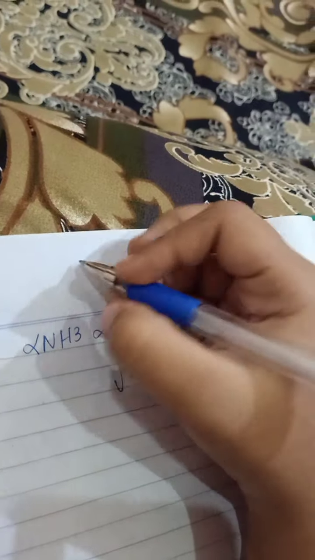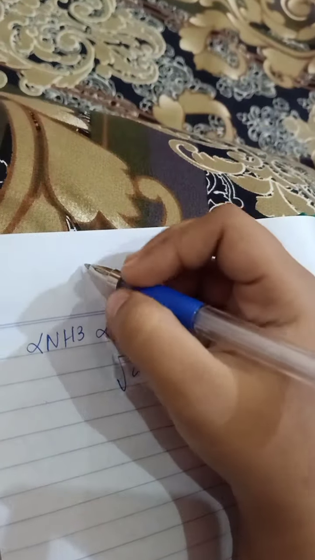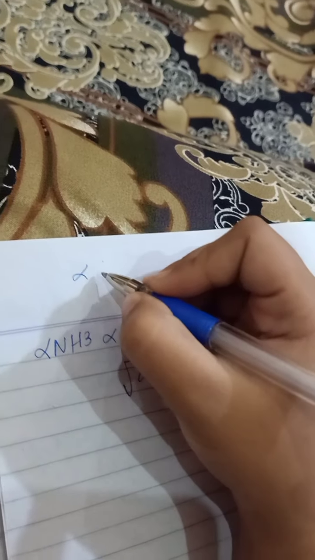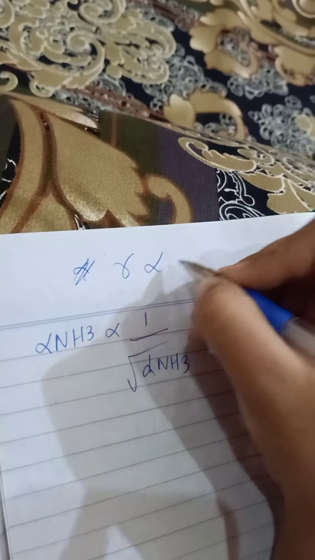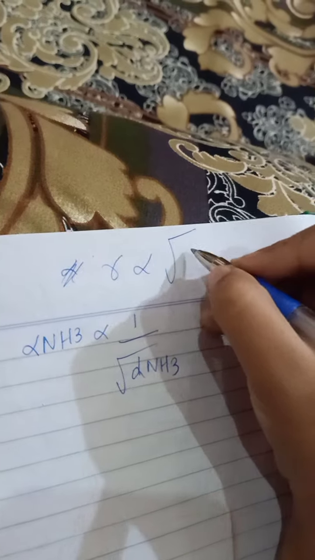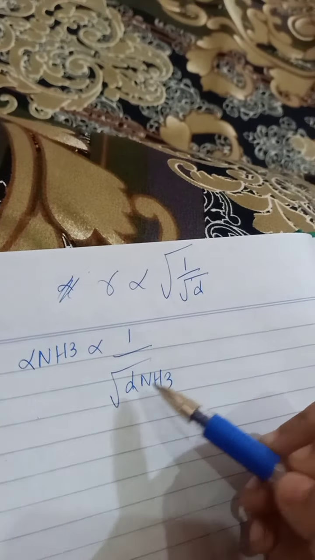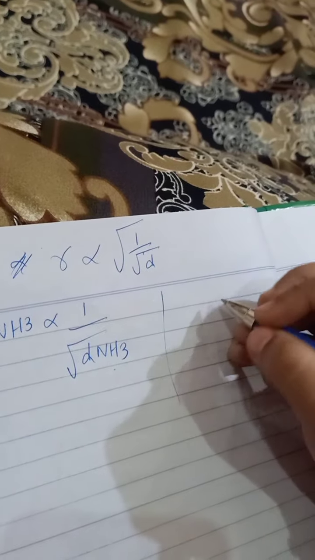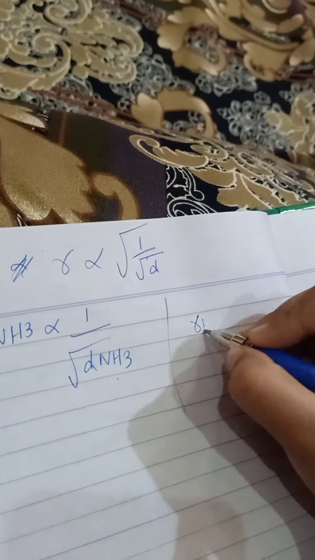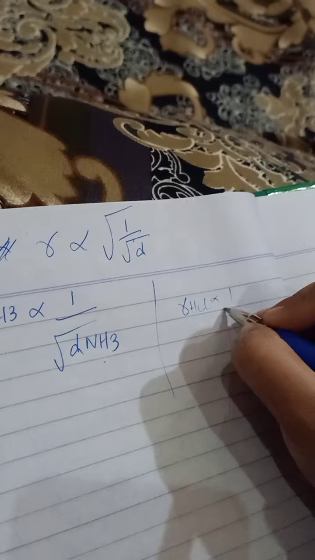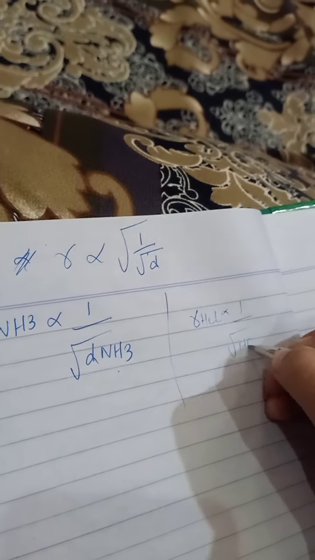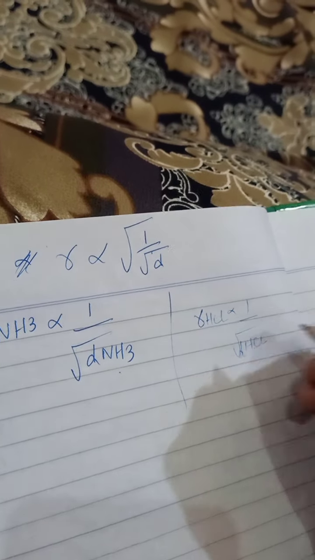We have just put in this formula, where the rate is inversely proportional to the densities, because we have two gases, ammonia and hydrogen chloride.